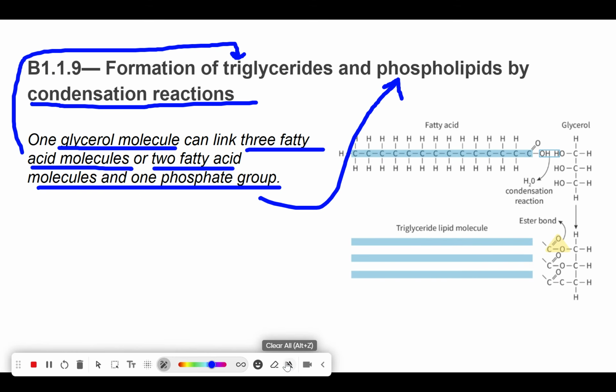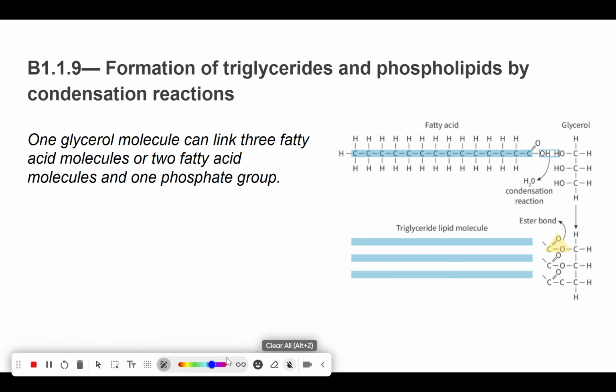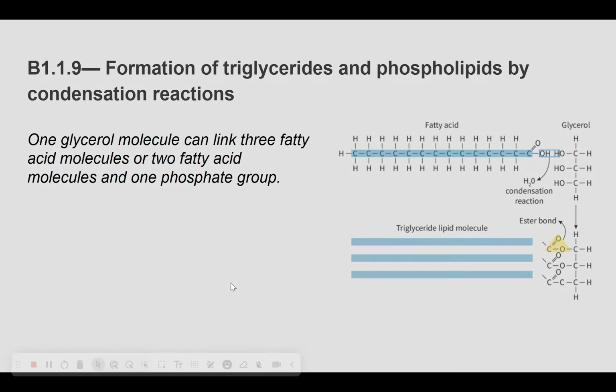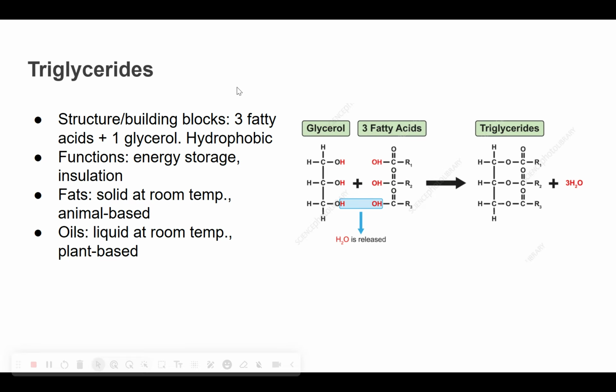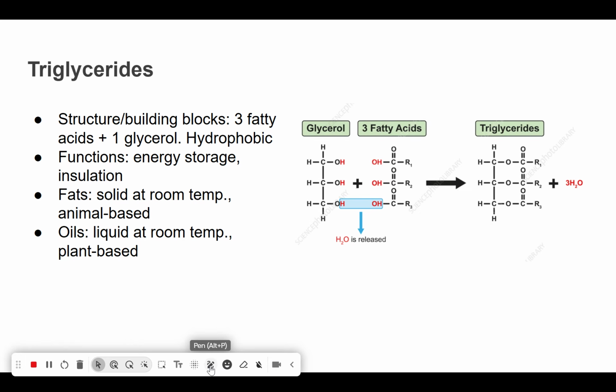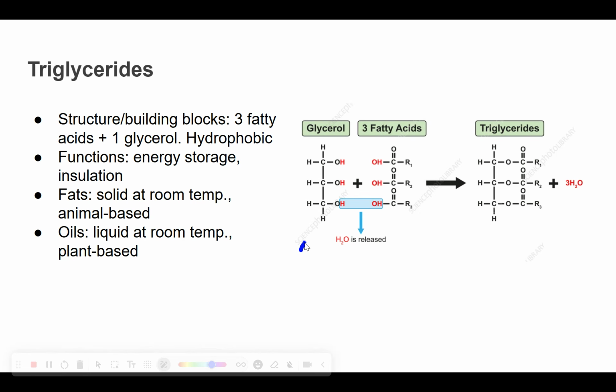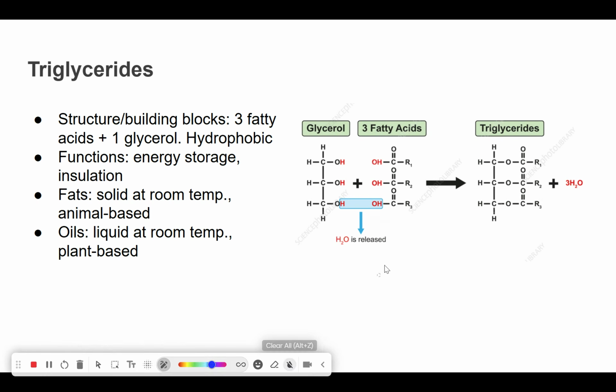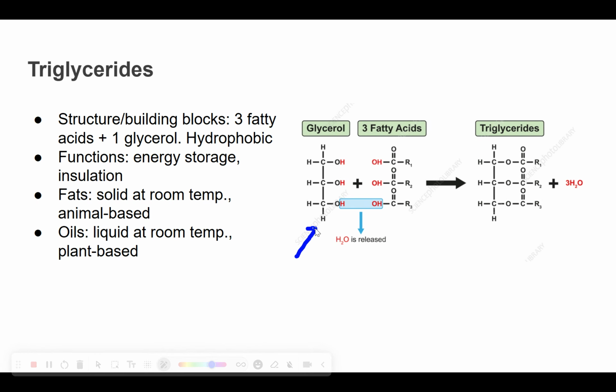And I think the easiest way to think about this is to do a little example. So a triglyceride, for example, is this glycerol molecule plus fatty acid tails.